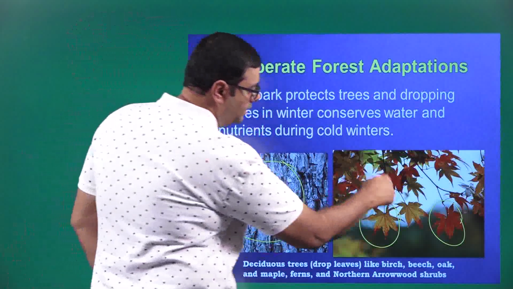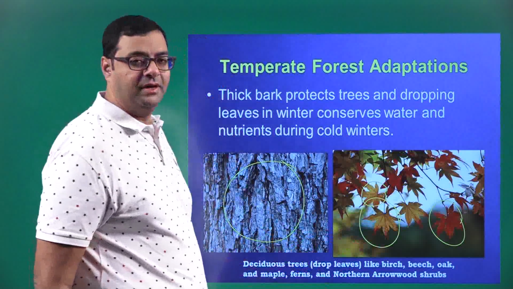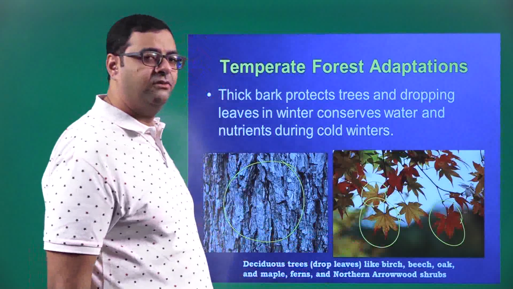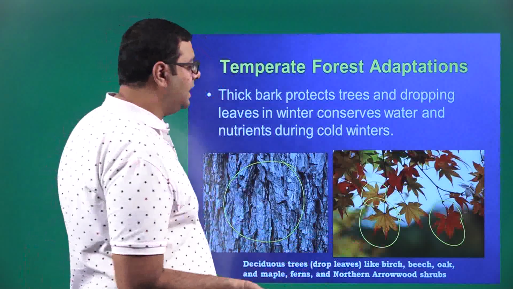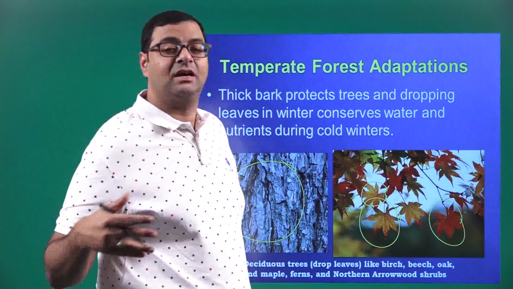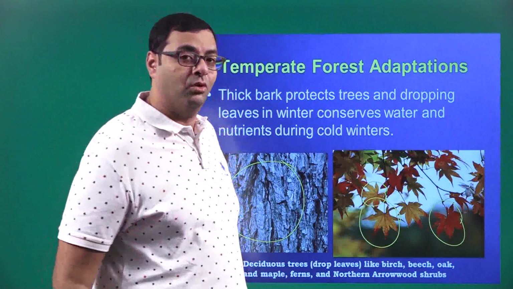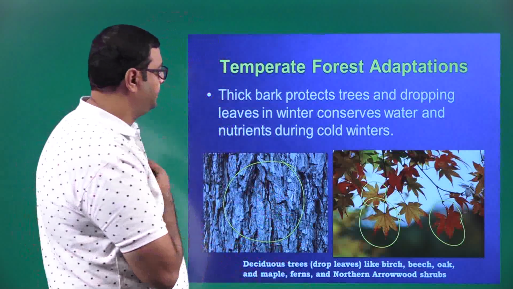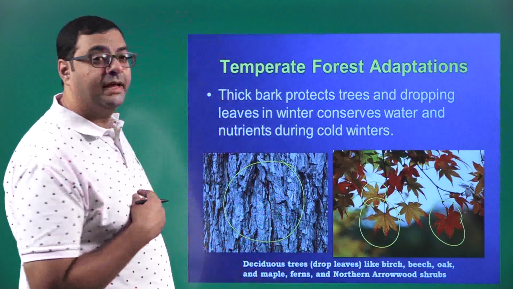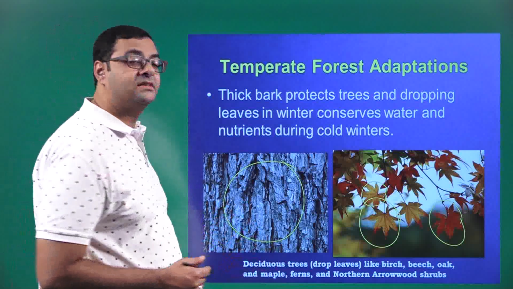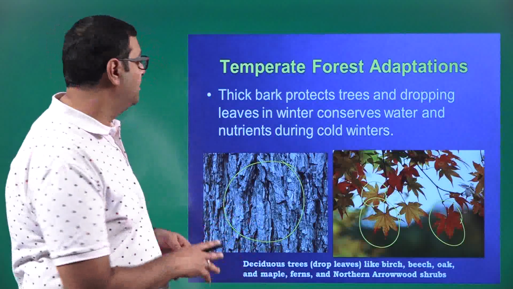The leaves will start withering off from the trees. So when the leaves start withering off from the plant, then what will happen there? The loss of water will be less, the conservation of water will be more by the plant. And if the bark is thick, it protects the tree from the harsh winters.